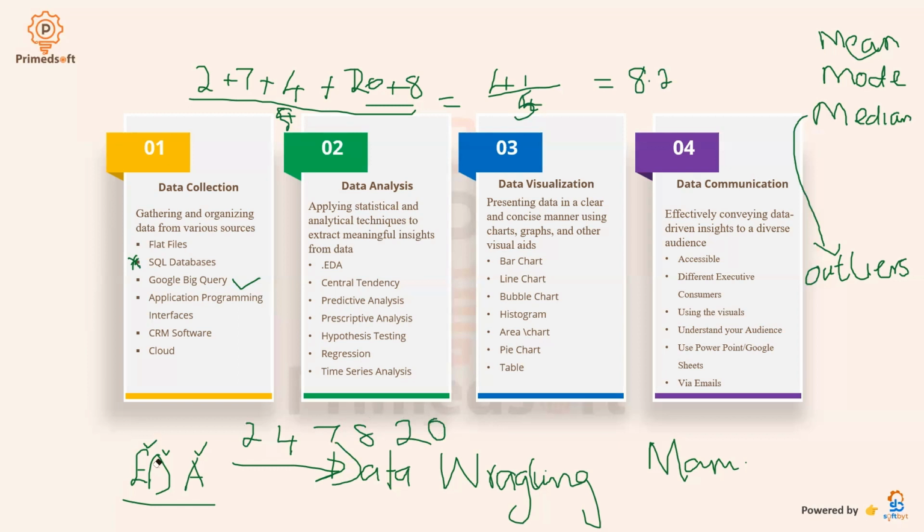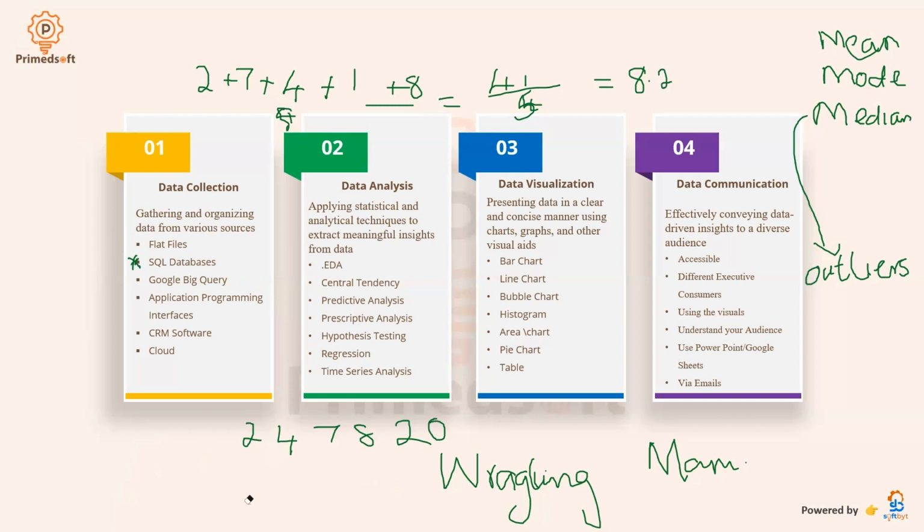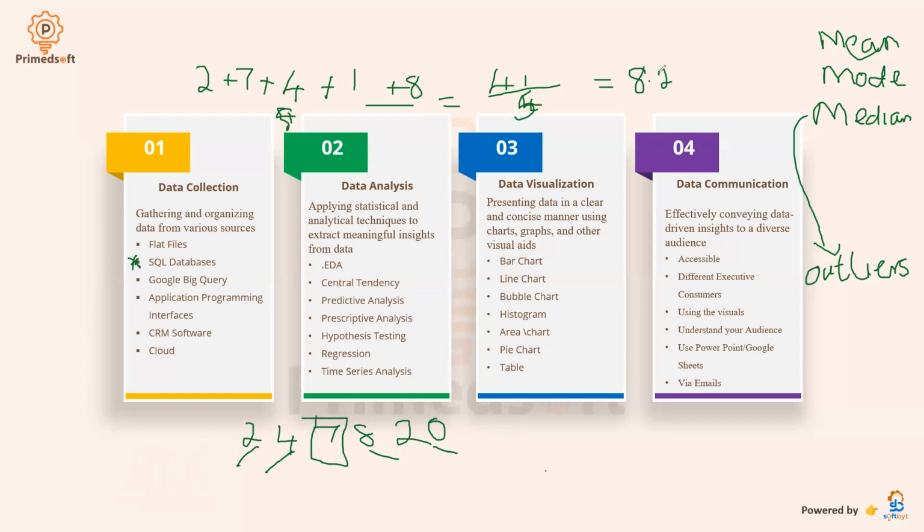Let me erase this. All right, so what you see here is we want to get the one in the middle. You cancel out this, cancel out this, cancel out this, cancel out this. So what we have in the middle is 7. So the median is 7.